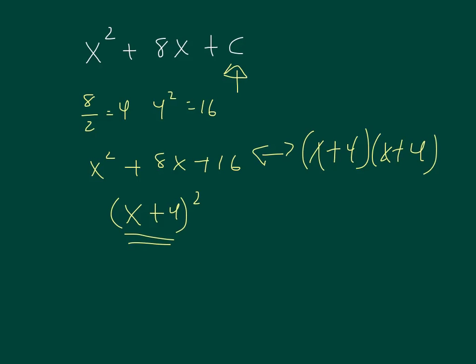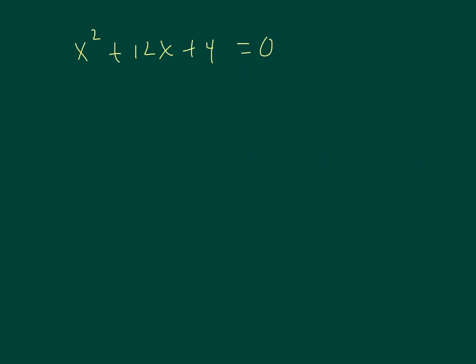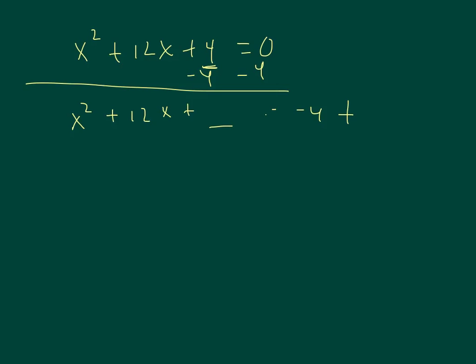All right, now let's put this into play. Now this problem is not solvable via factoring or by square roots, so we are forced with coming up with another alternative. Now, half of 12 is 6, and 6 squared is 36, and this ain't 36. So what we're going to do is we're going to subtract 4, and we're going to get x squared plus 12x plus, and we're just going to leave a space, equals negative 4 plus something.